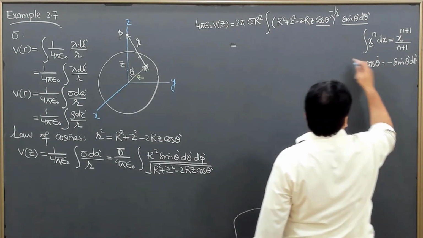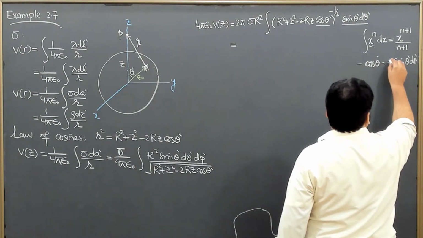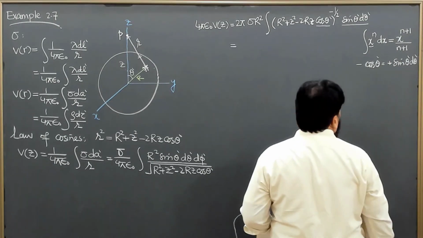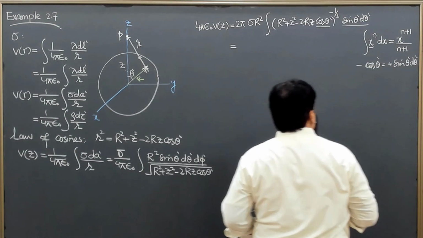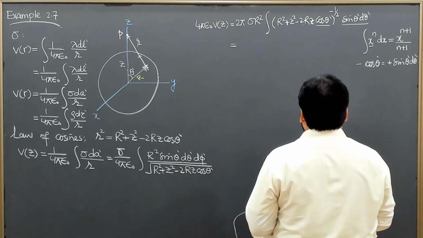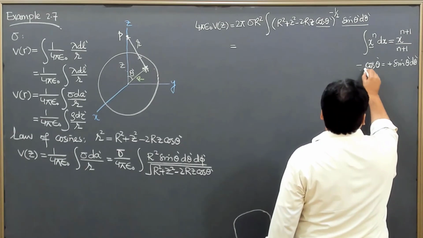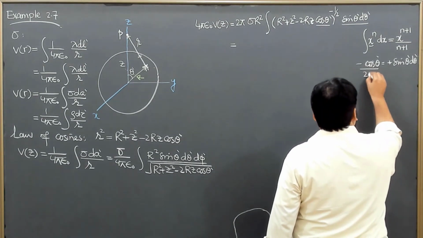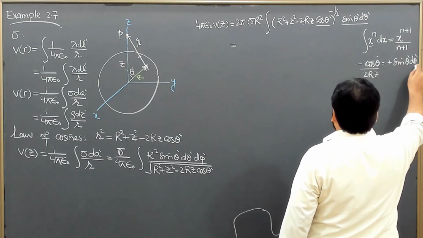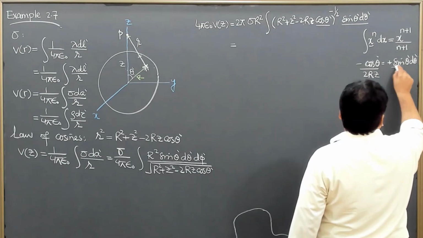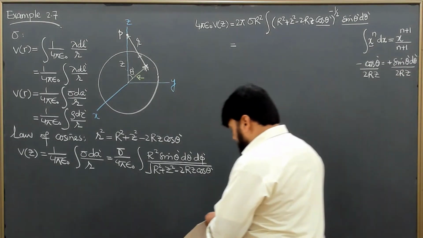So minus cos theta will have this thing, equal to plus sine theta. While what about the 2RZ? If I divide this by 2RZ here, then this will come here as well. So minus sine theta, this into RZ, will be with this.